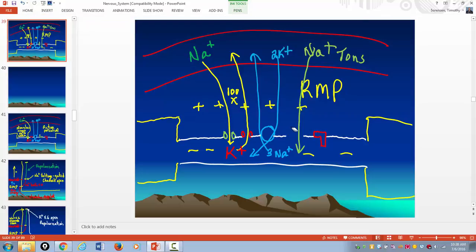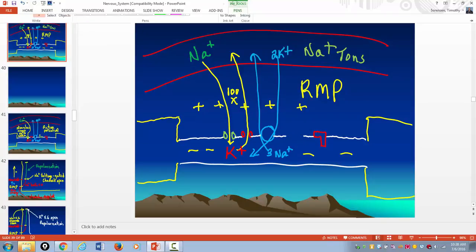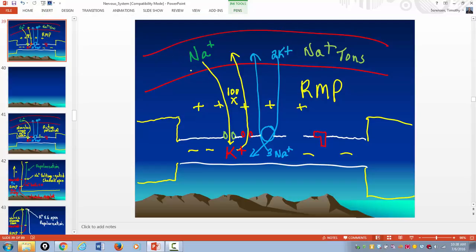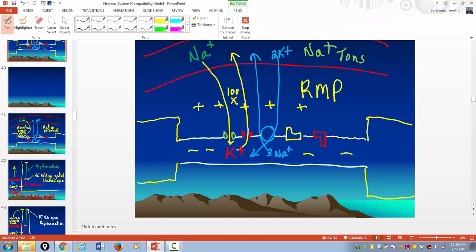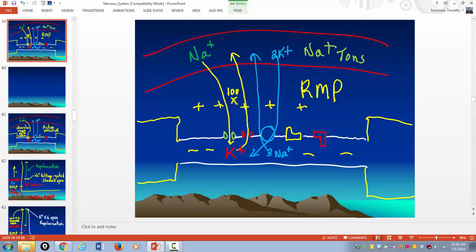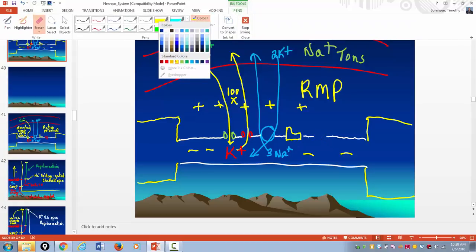That's going to cause the voltage gated sodium channel to close, and then it's going to open the voltage gated potassium channel.